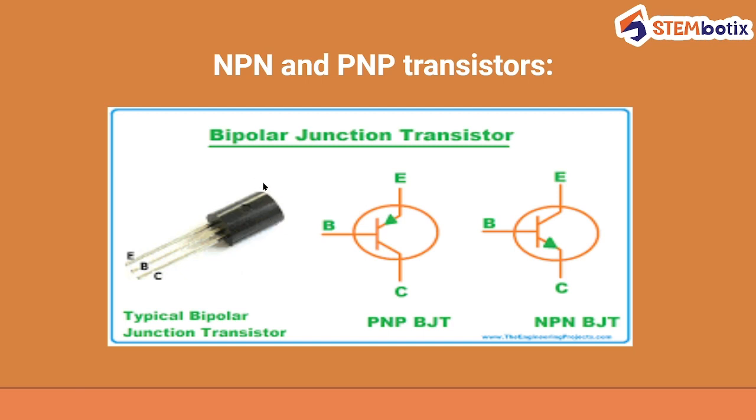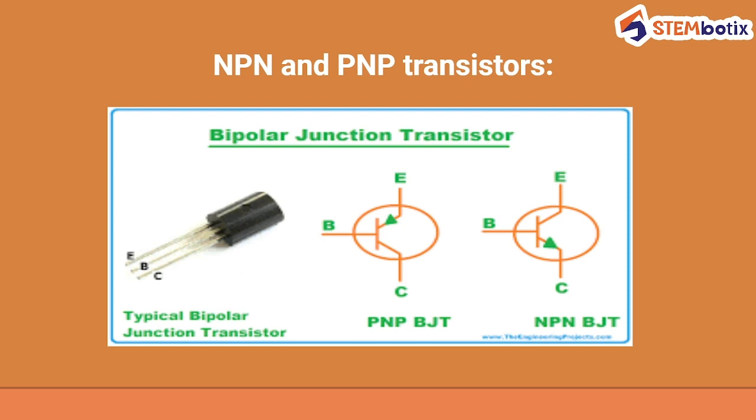Now the uppermost region is the flat surface, while the lowermost region is curved or C-shaped. This configuration of E and C may vary according to the manufacturing of your transistor. So just refer to your transistor data sheet, which comes with a particular transistor.